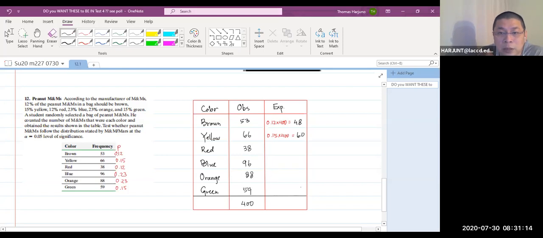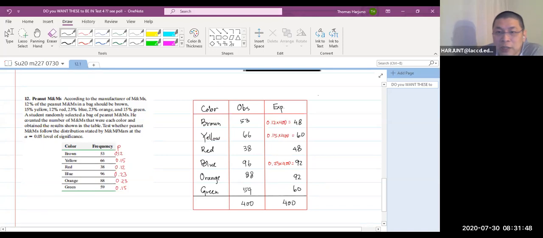This is the same, 60 also, because green is supposed to be 15% also. And the red one has the same proportion as the brown, so that's 48. This guy is 23%, so that should be 92. This is 92. The total still has to be 400.